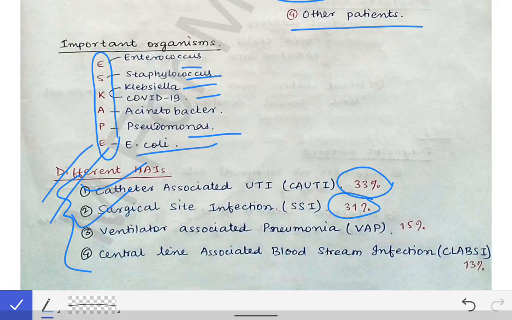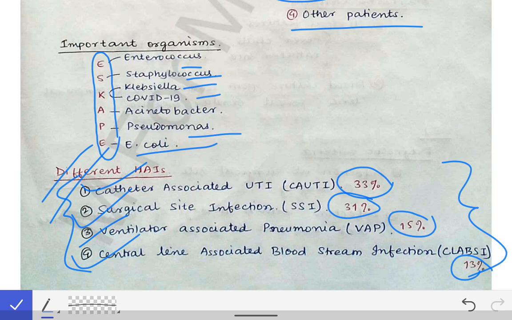Then in 15% of cases of HAIs, there is ventilator associated pneumonia, VAP, and in 13% of cases there is central line associated bloodstream infection. So these are the most common types of HAIs which we see in day-to-day practice in the hospital. So the most common HAIs are these four: CAUTI, SSI, VAP, and CLABSI.